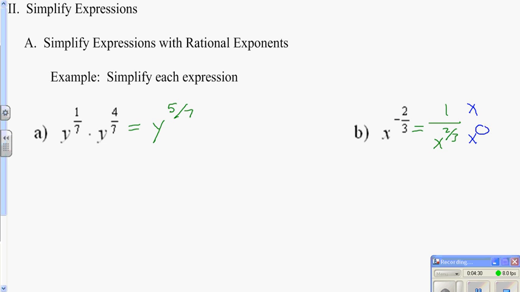So the question is, x to what power plus 2/3 gives you 1? And that would be 1/3. So 1/3 and 2/3 gives you 1. So that will give you x to the 1 in the denominator, x to the 1/3 on top, which means cube root x over x.